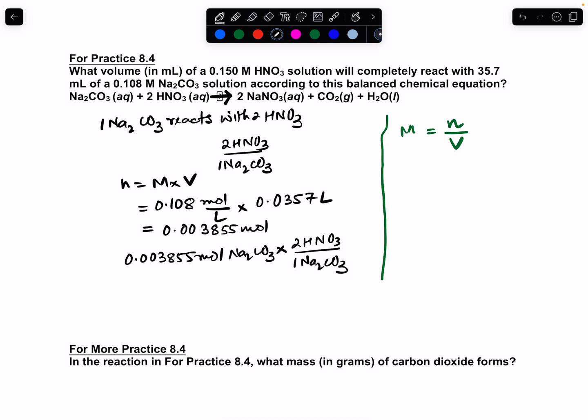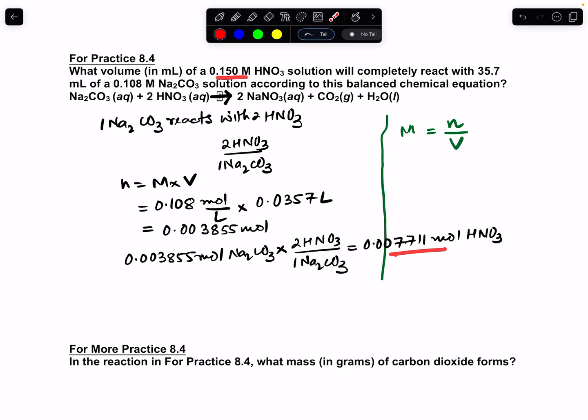And we can solve that to give us 0.007711 moles HNO3.